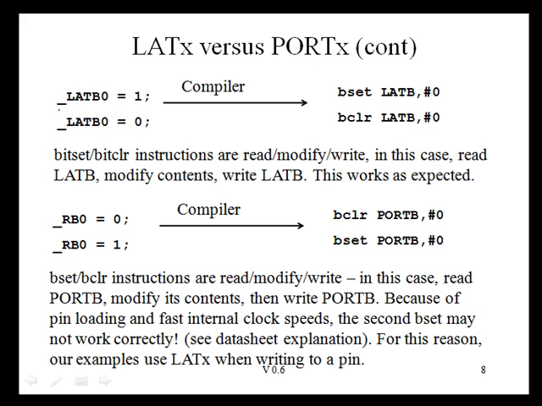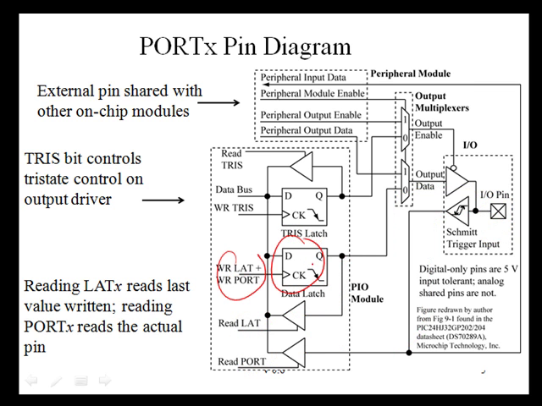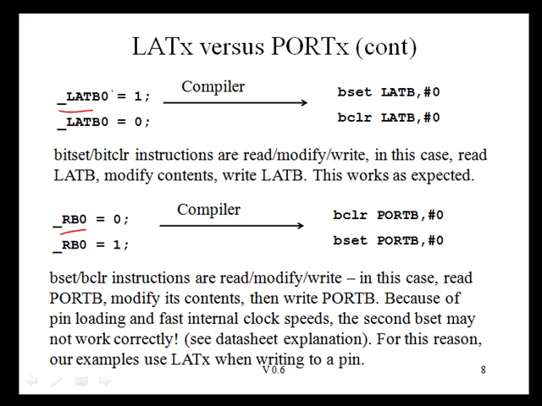We said in the previous slide that writing a LAT bit and writing the port bit goes to the same place, and it does. Both writes go to the same latch. So it would seem that when writing a port bit, we could use either underscore LAT or underscore RB, whichever we'd want. However, that's not going to be the case. We're always going to want to use the LAT B name.